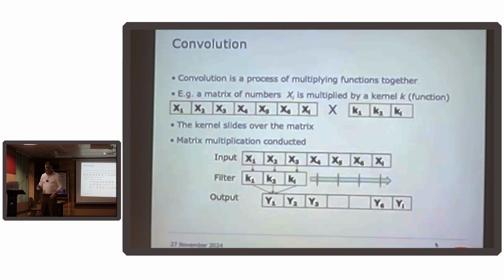So we have now processed that first part of the matrix, and we have that output, which is encoding it. What we then do is move along one. So then x2 multiplies by k1, x3 multiplies by k2, x4 multiplies by k3, and it goes to y2. So we're shifting it along the matrix, and each time we process the maths to produce an output.